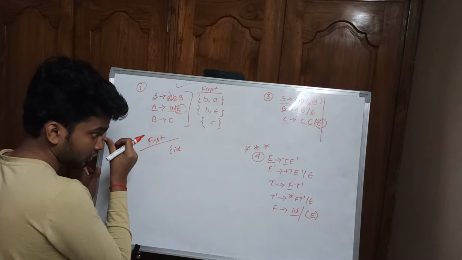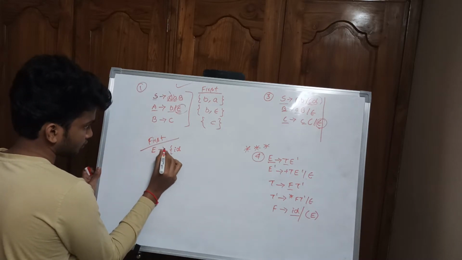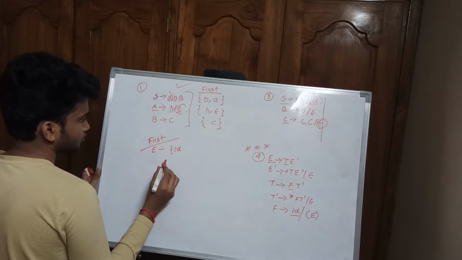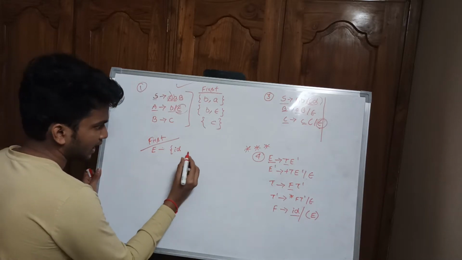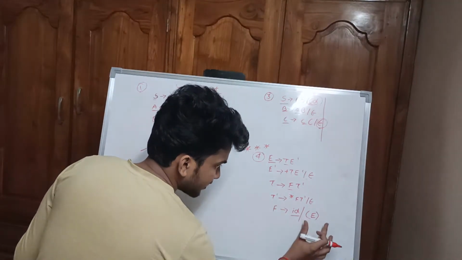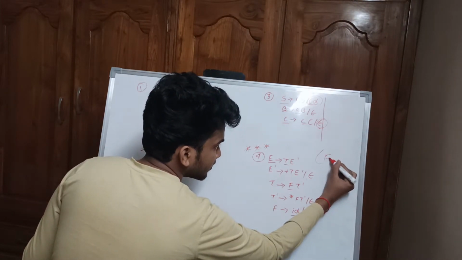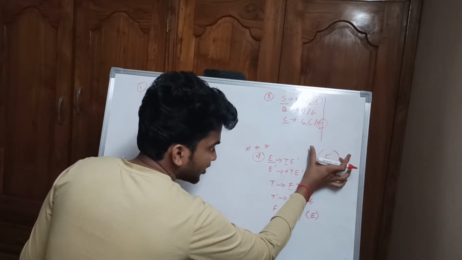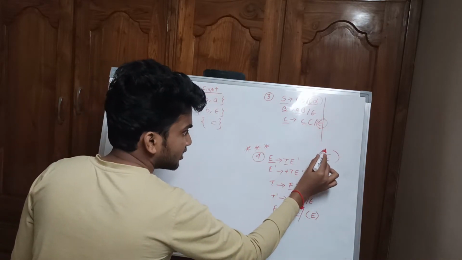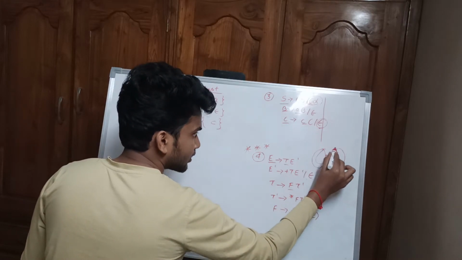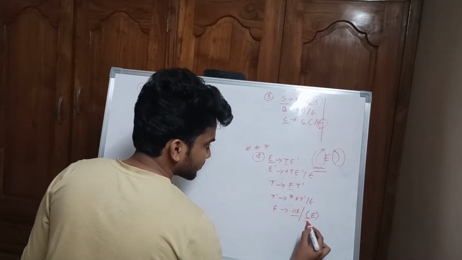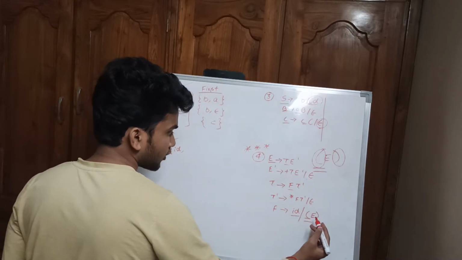So First of E would be ID, and if it generates this, there is an E symbol present in the opening and closing brackets. So we have discussed tokens, right? So this is one token, this is one token. Now this would be considered as the start, that is First of this production.